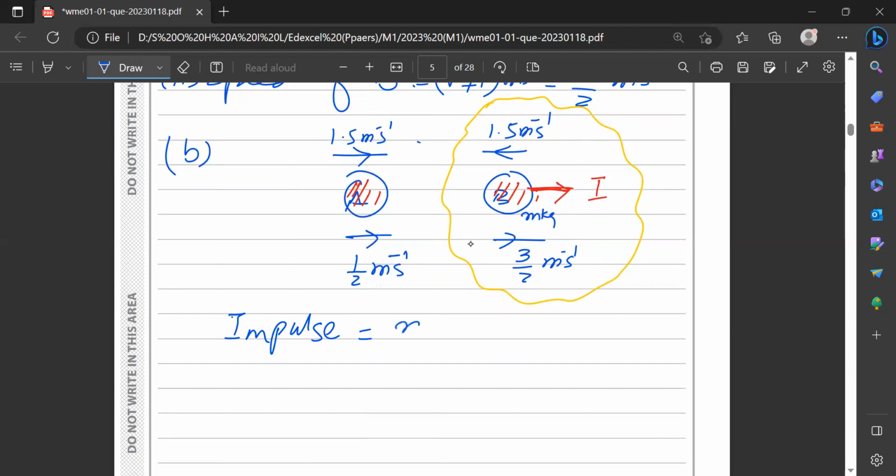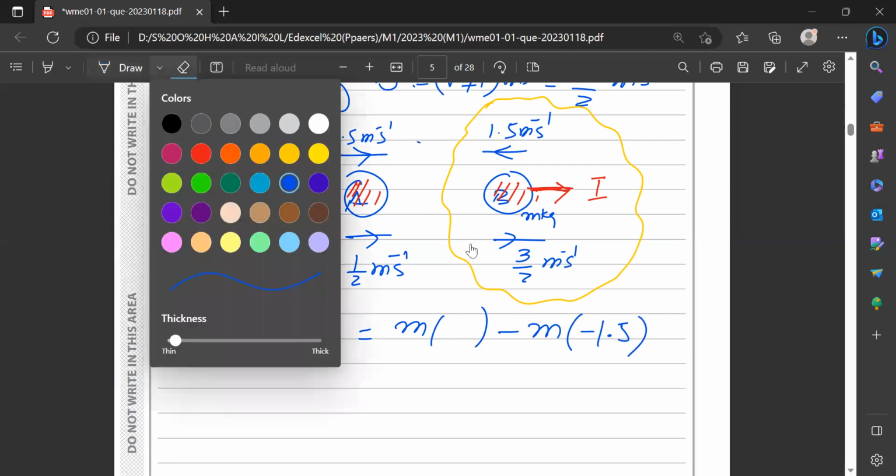So m into 3 over 2 minus momentum before, m into minus 1.5.